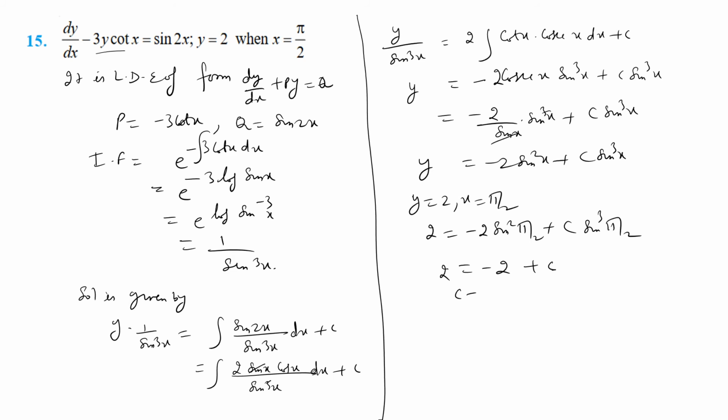C is equal to 4. Okay, so I'll just now put back here in the solution. I will get y is equal to minus 2 sine square x plus 4 sine cube x, which is the required solution.